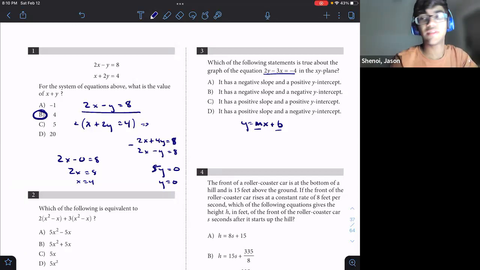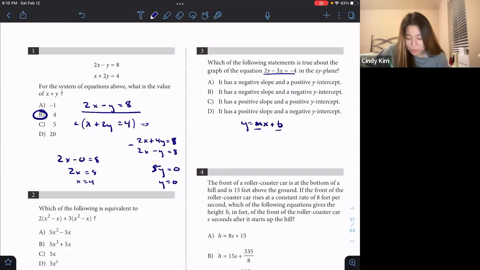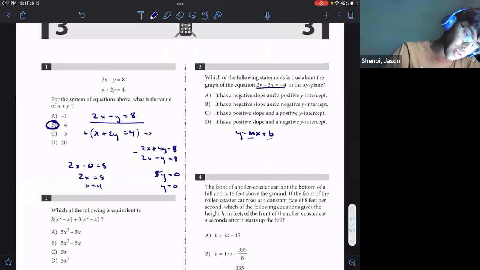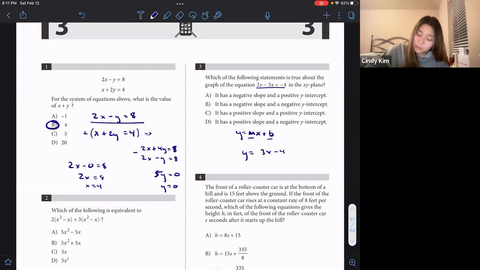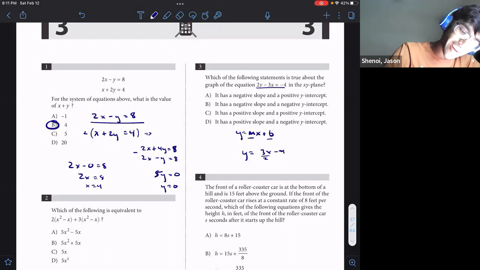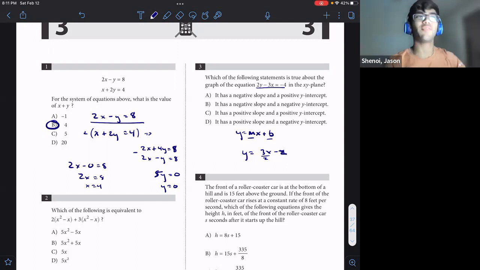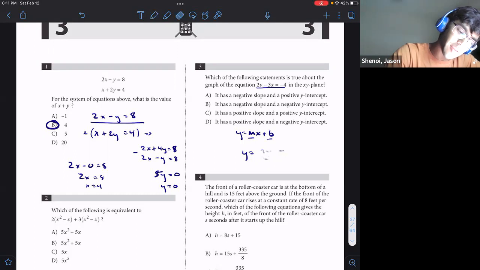So y is equal to 3x over 2, minus 2. Negative 2. That's fine. Same difference. But yes. So now that you have this equation, you write it properly.